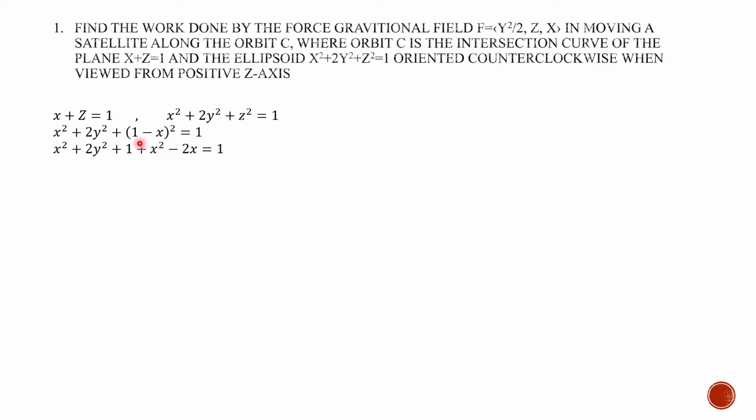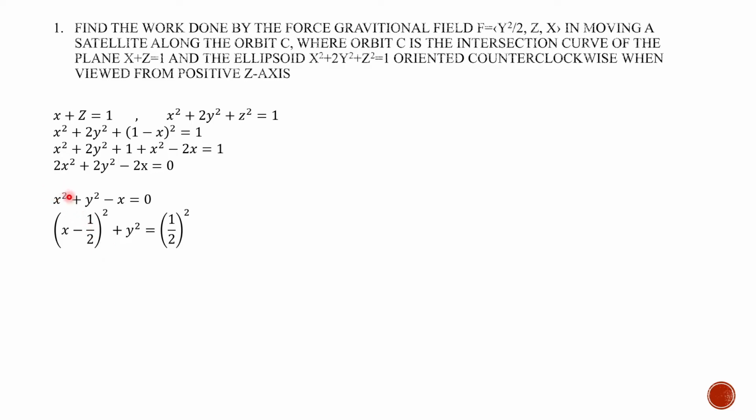Then we expand (1 minus x) squared, so we get x squared plus 2y squared plus 1 plus x squared minus 2x equals 1. Simplifying, we get 2x squared plus 2y squared minus 2x equals 0. Then we factorize 2, so we get x squared plus y squared minus x equals 0.